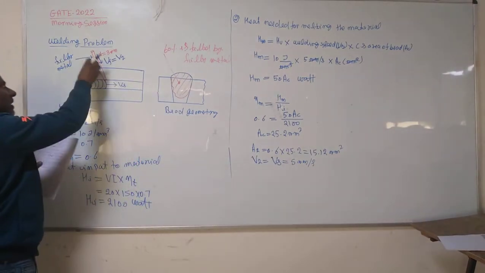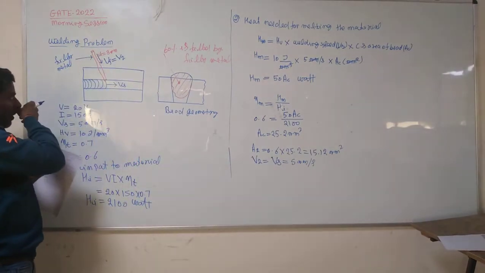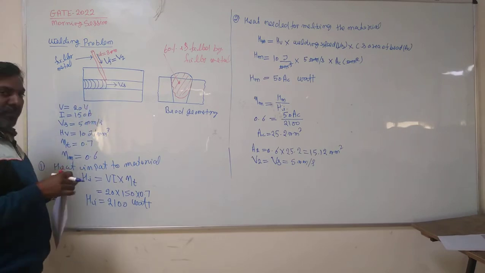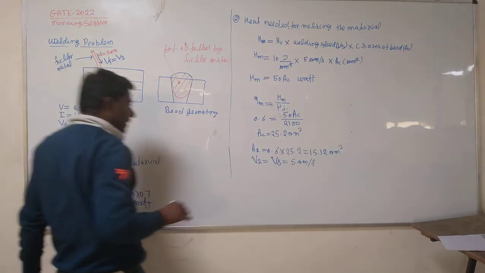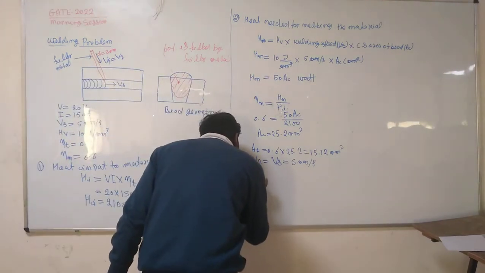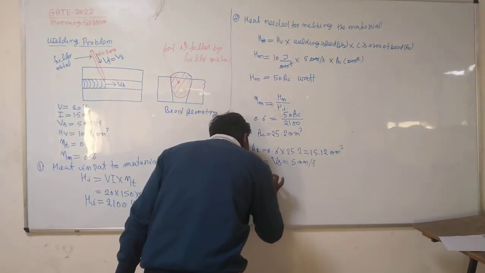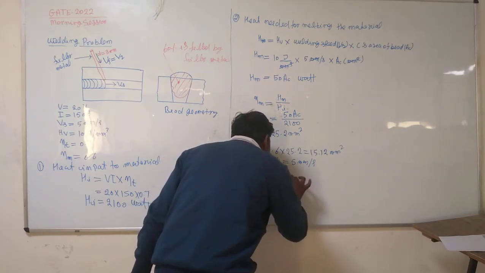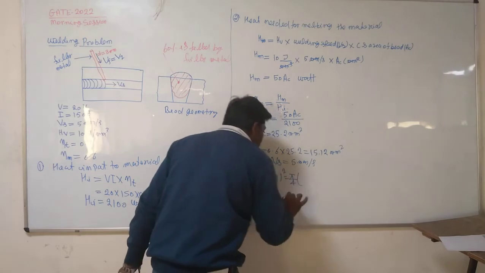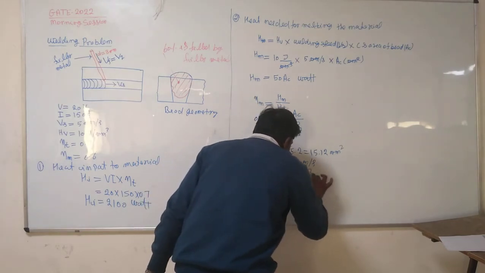Now let us see what is the cross-sectional area of this filler material. Its diameter is given. So the cross-sectional area of the filler material, that is A1, is equal to pi by 4 d square. So pi divided by 4, diameter is 3, square.